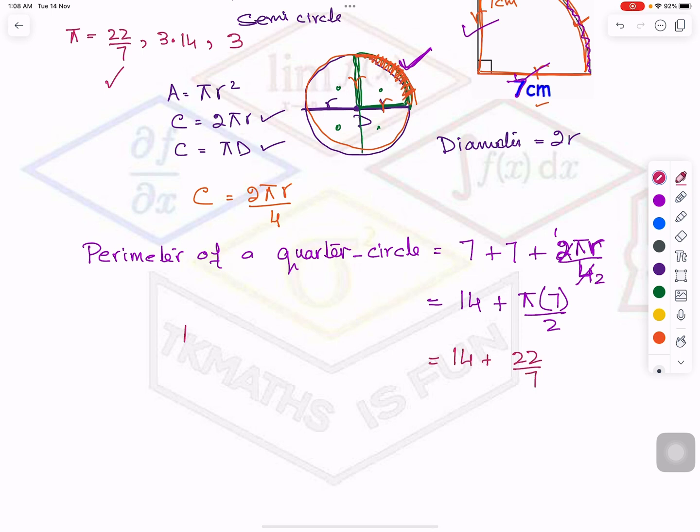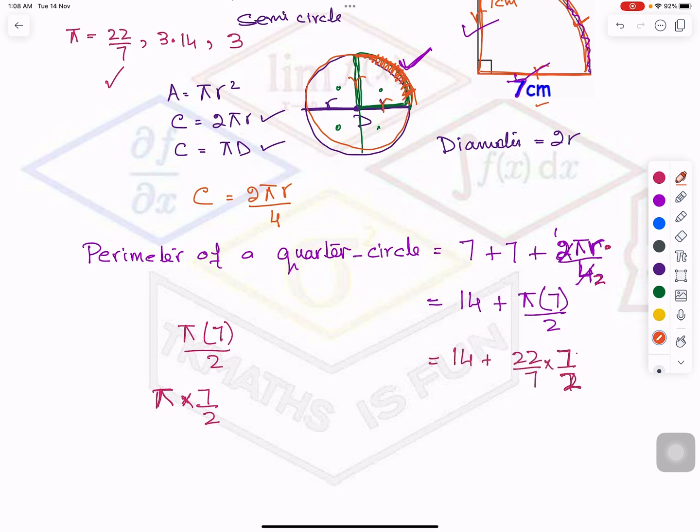And when you write it like this, pi times 7 upon 2, this simply means pi into 7 upon 2. Okay, this is the same thing. So you should understand this. So instead of pi, I'm writing 22 upon 7 and then multiply by 7 upon 2. 7 is my radius where I'm substituting it, and 2 is in the denominator.